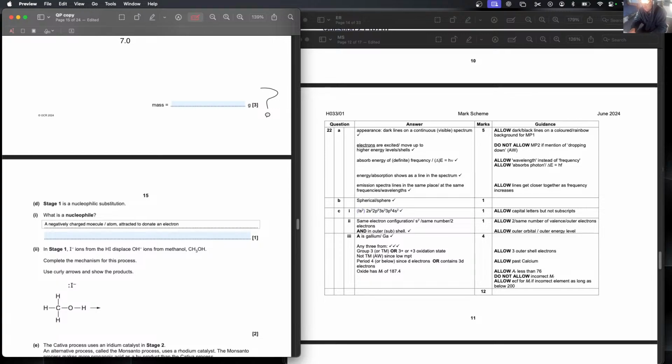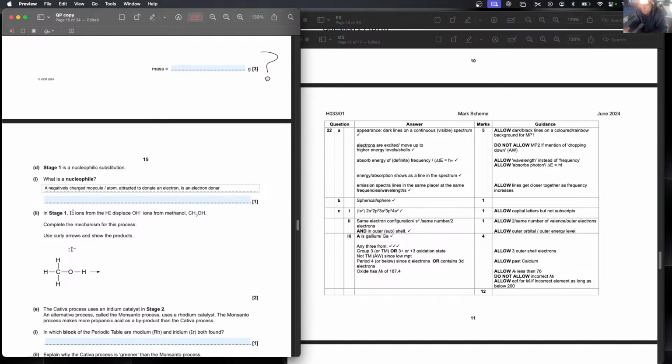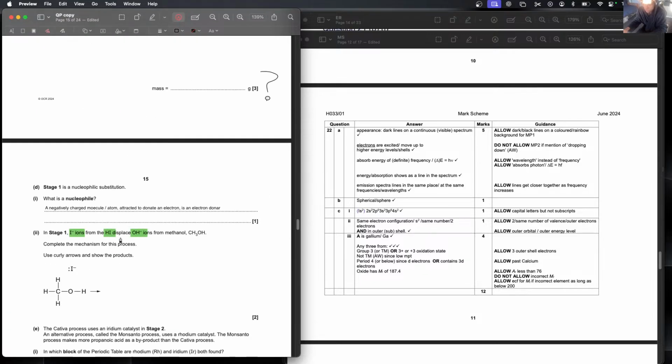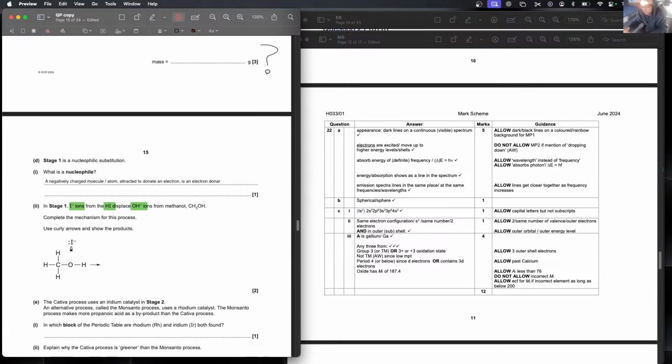Attracted to donate an electron is an electron donor. In stage 1, ions from the HI displace ions from the methanol. See, if I went up and looked at that, I got all confused. Just look at what they've already set up.